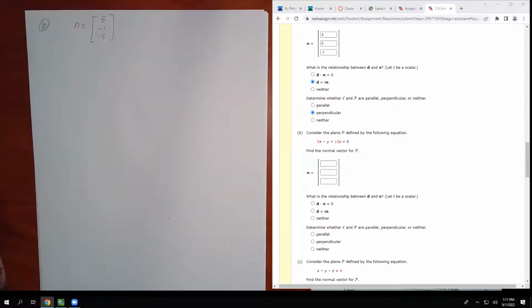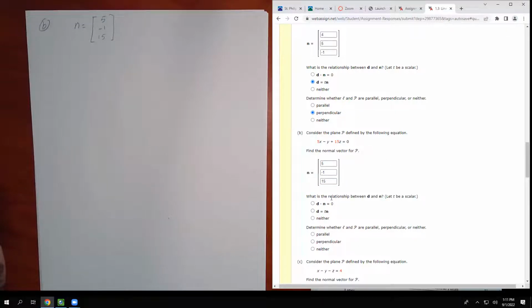We can do exactly the same thing. What's the relationship between them? So I'm going to write down the vector first, which is 5, -1, and 15.